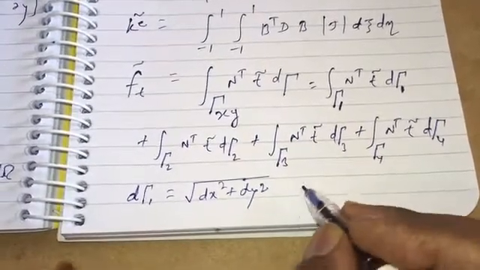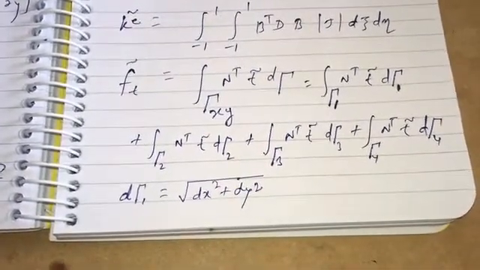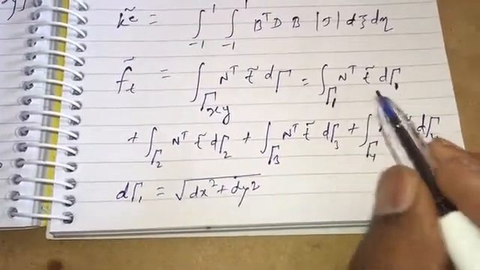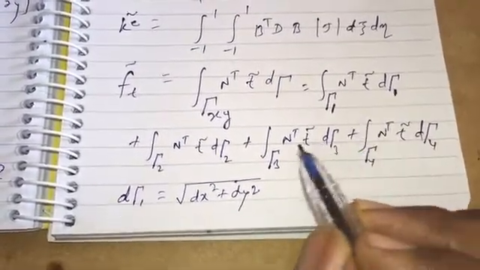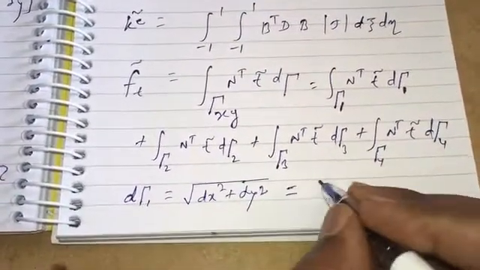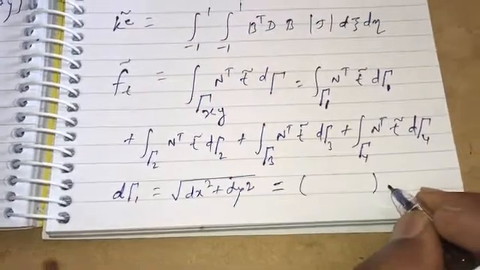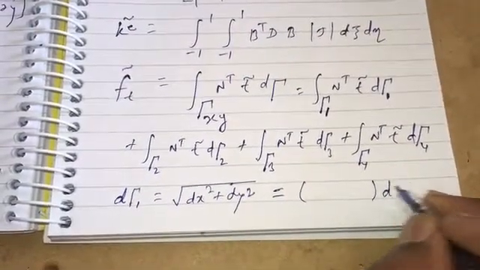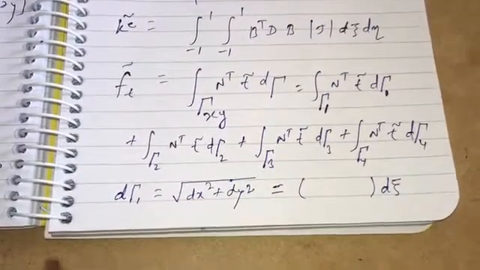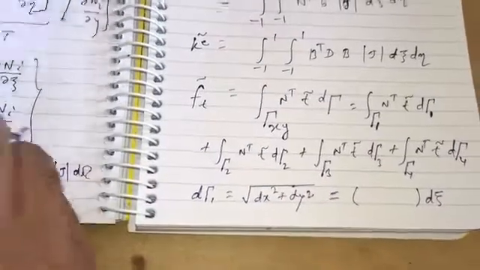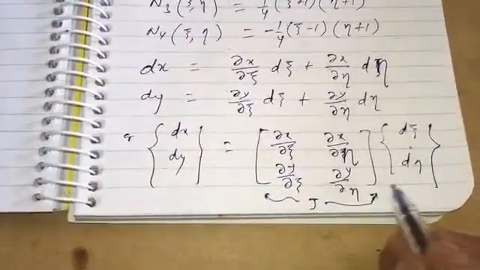There will be some value here times d xi, and then you can integrate. There will be some value here that you have to work out based on the relationship here.